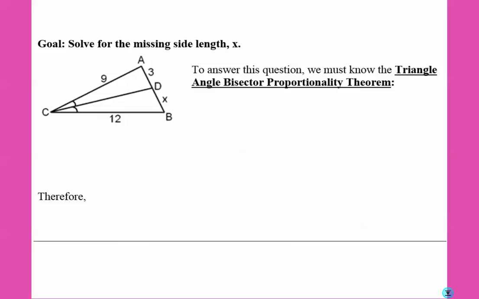Our goal is to solve for the missing side length x. To answer this question, we must know the triangle angle bisector proportionality theorem.